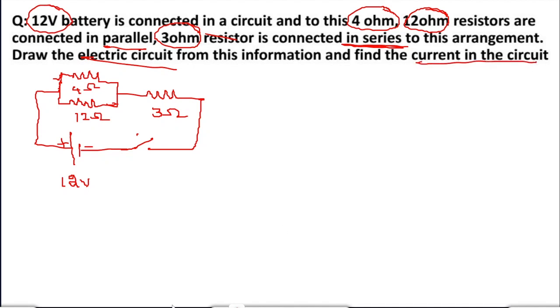Current from the circuit. So to find the current, we need to know the resultant resistance. I is equal to V by R, right? We already know V is 12 volts. Then what about resistance? We have three resistors, right? The 4 ohms and 12 ohms are in parallel. So let's find the resultant resistance of these two. So 1 by 4 plus 1 by 12.